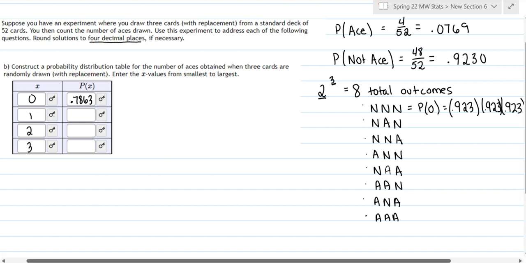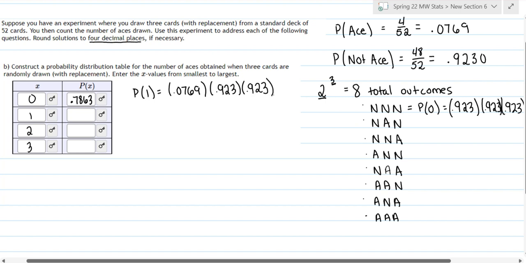Okay, the probability of getting 1 ace. Yeah, so you could have the 1 ace, 0.0769. That's this right here, which would mean one of them is an ace and the 2 are not. So then 0.923, 0.923.